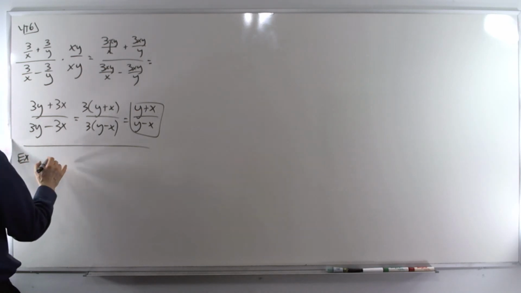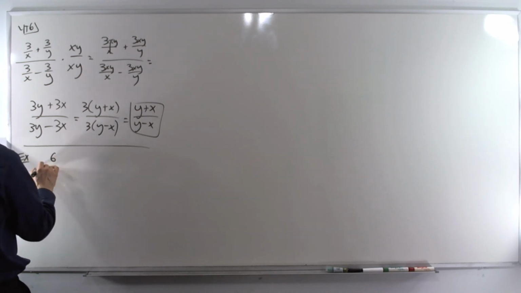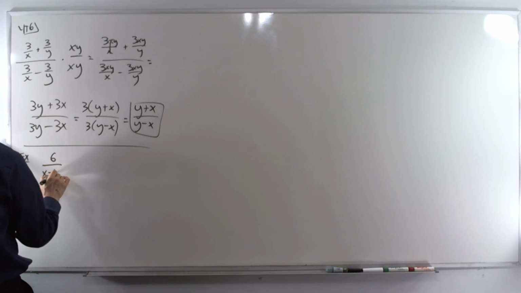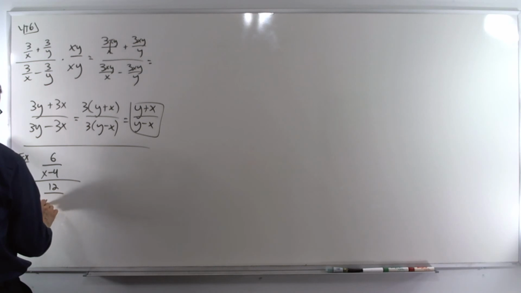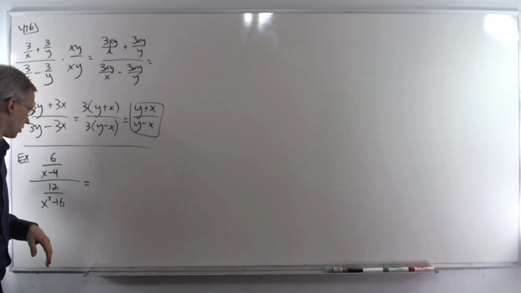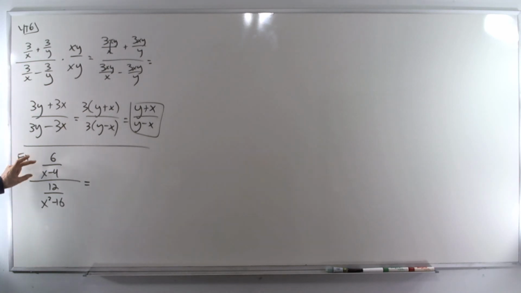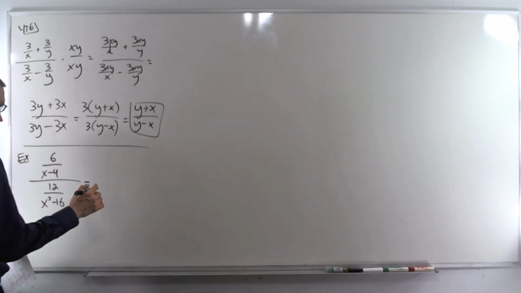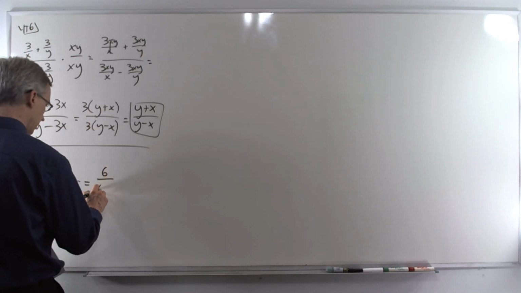Next up, as always, gotta be prepared to do some factoring. All right, we are down to a single fraction on top of the bottom. We're going to go directly to converting to multiplication.